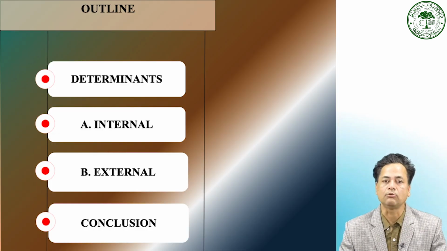This would be the outline of our lecture. First, we will discuss the determinants, which are of two types. First, the internal determinants, then the external determinants. Then we will end our discussion with some concluding remarks.